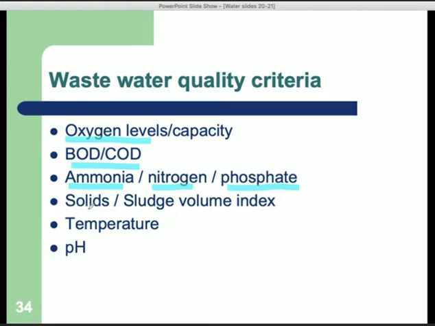Solids. I said just then that wastewater is rich in solids, which is why it's a bit difficult to treat. But once it's going out into the rivers, where you have all sorts of things flowing about in the water anyway, why would you worry about solids?